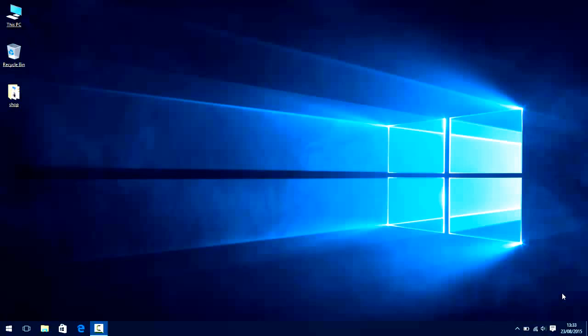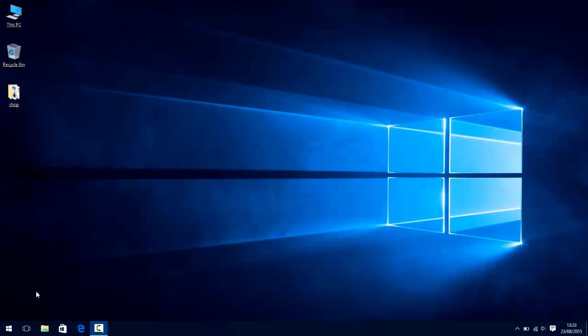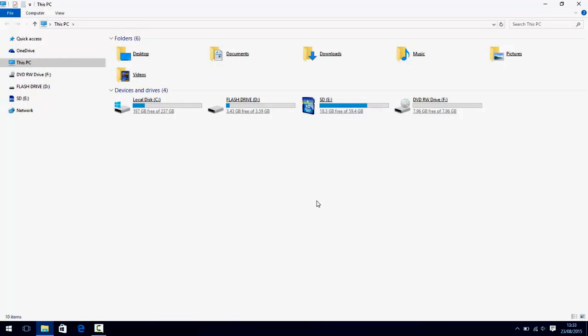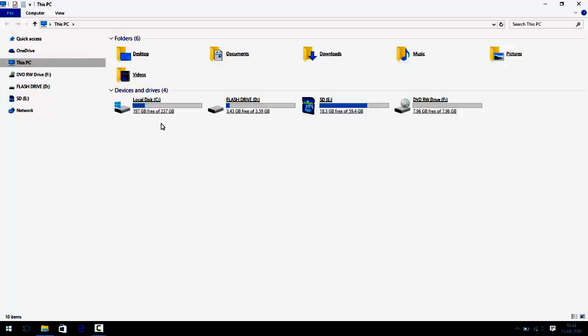Many people have been inquiring about how to find the exact capacity of DVDs, CDs, hard drives, and USB flash drives. But when they view it in the computer, it doesn't say what they have. For example, looking at my computer here, my hard drive is a 256, but it shows only 237.